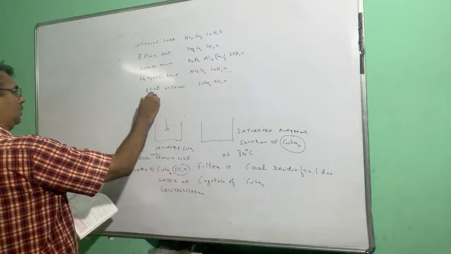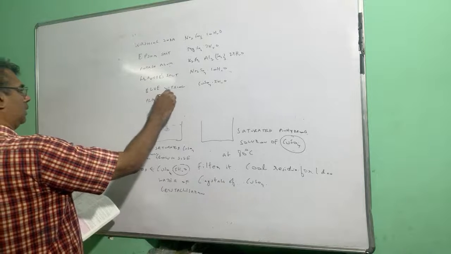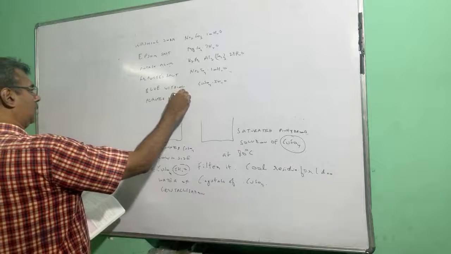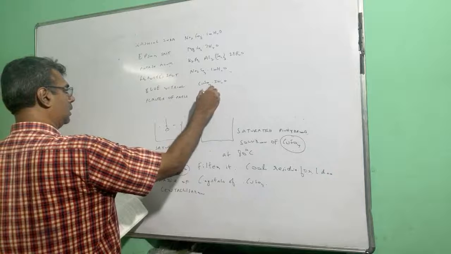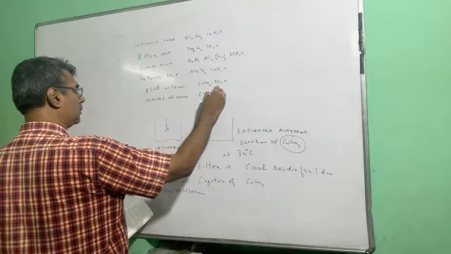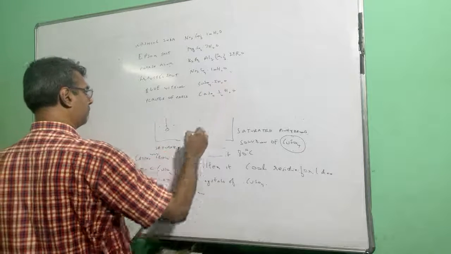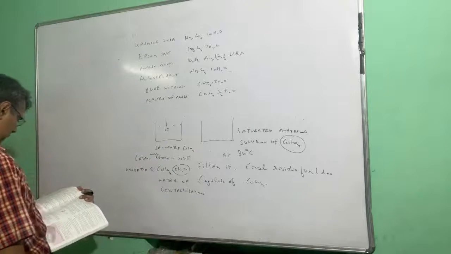Then you have plaster of Paris, CaSO4.1/2H2O.